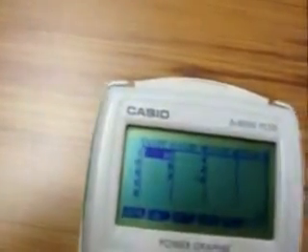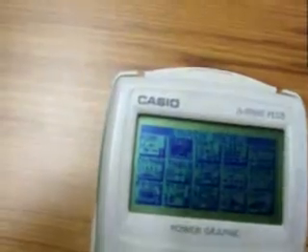Okay, so on your calculator you can exit and go to the menu and press 1, and let's type everything out here. 0.15865 times 8,000.